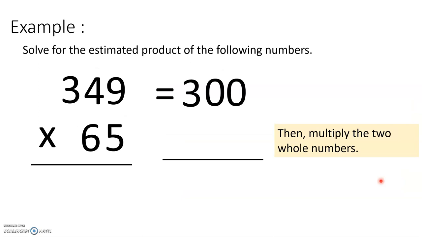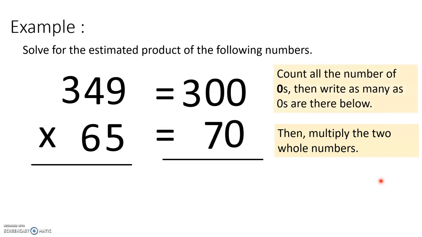Okay, so we are going now to round the numbers. So 349 when rounded off becomes 300, and 65 when rounded off becomes 70. So sabi dyan, count all the number of zeros.